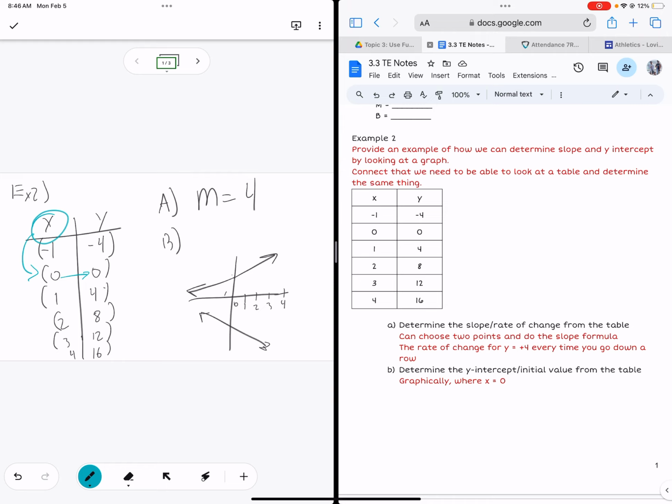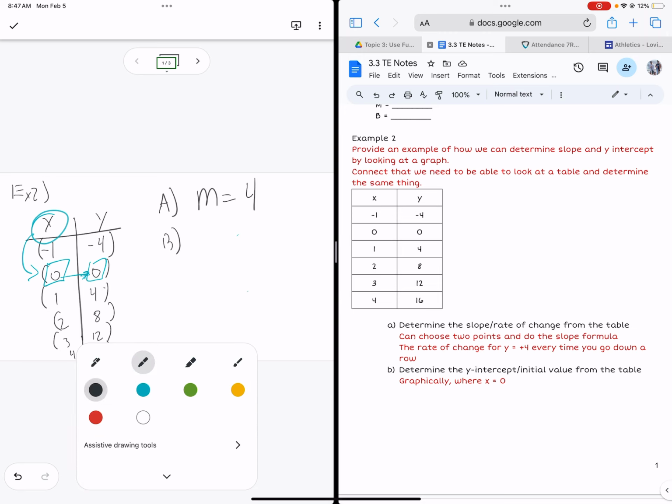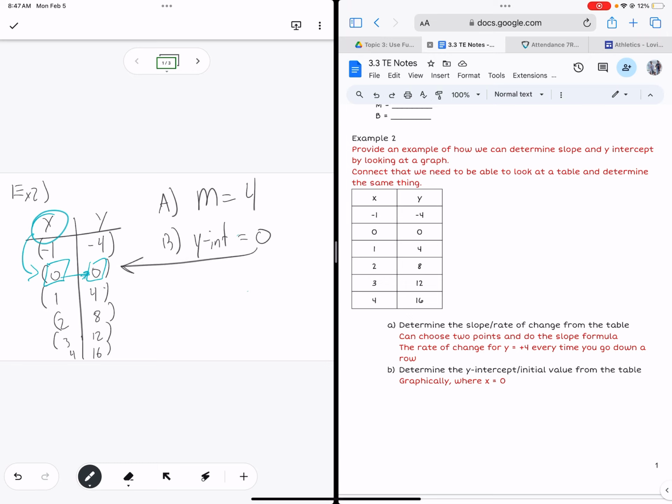Wherever the graph crosses the y-axis, it's always going to be at x equals 0. If it's at x equal 1, that's not the y-intercept, right? The y-axis is at x equals 0. So you're always looking for the point where x equals 0, your y-intercept will correlate with where x equals 0. So for this one, the y-intercept is going to equal 0 because it correlates to where x equals 0.